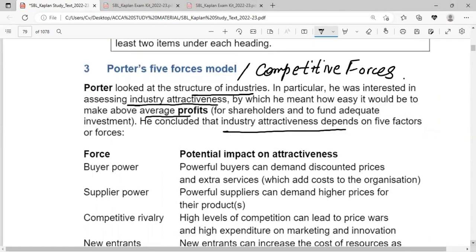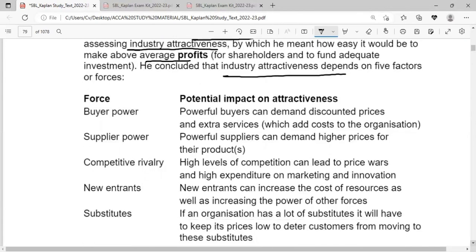And before entering a new business or new industry, a company should consider bargaining power of customers, bargaining power of suppliers, existing competitive rivalry, threat from the new entrants, and threat from the substitutes. Right, everyone? Any question?